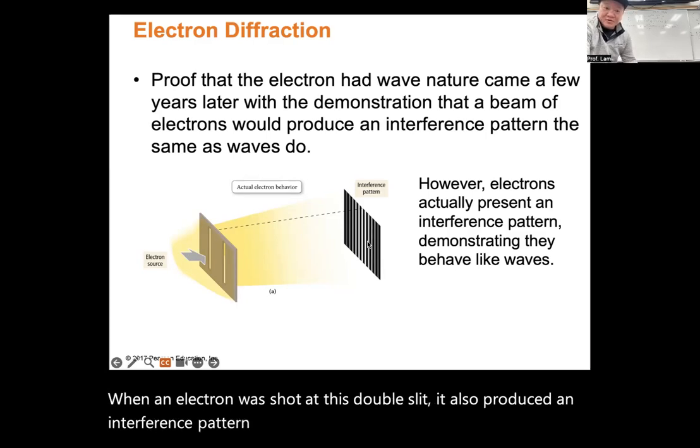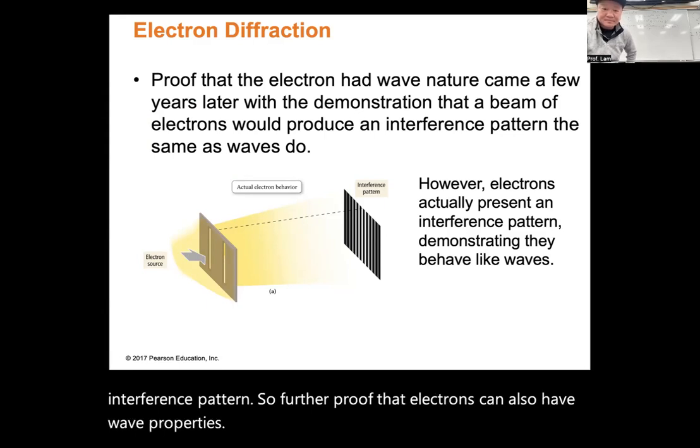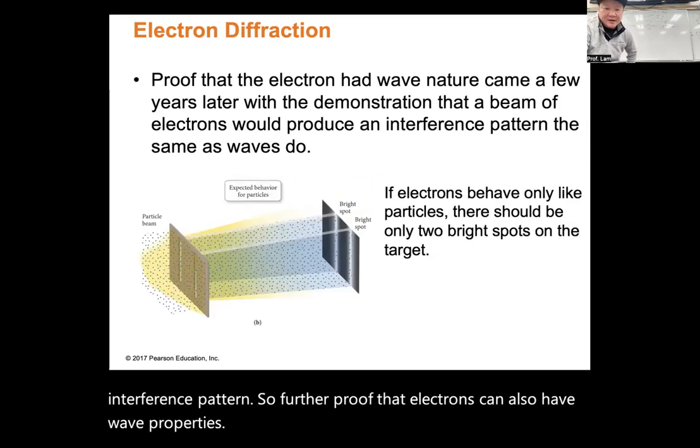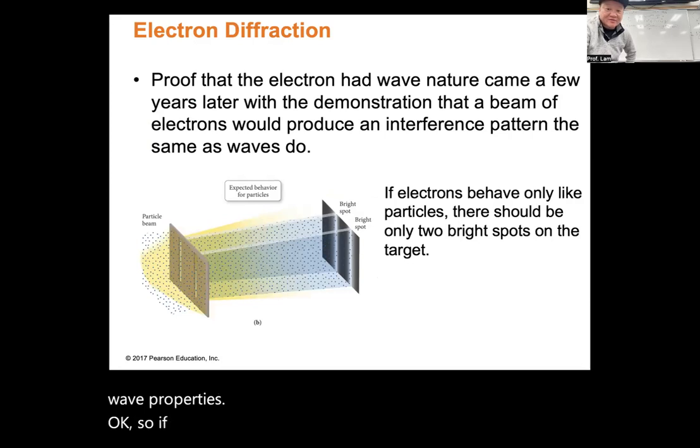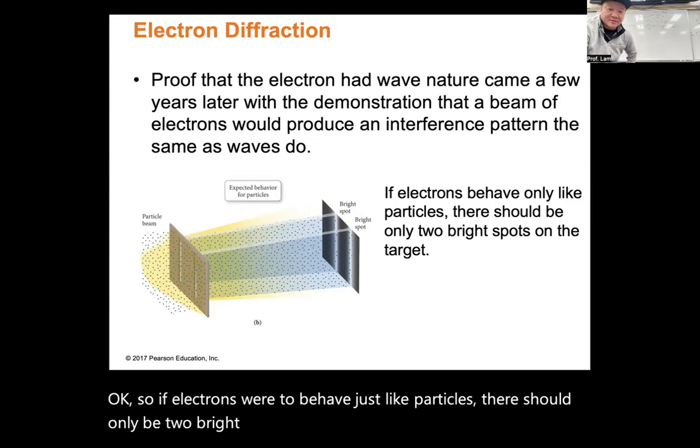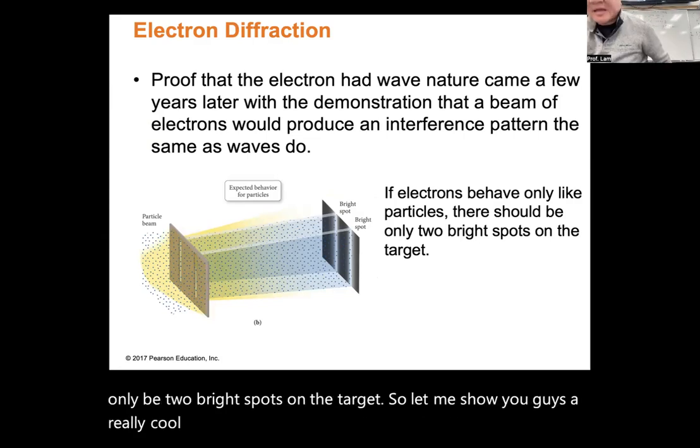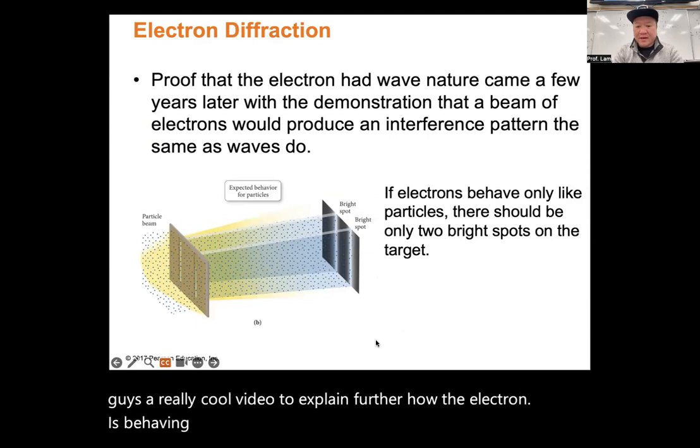So this is further proof that electrons can also have wave properties. If electrons behaved just like particles, there should only be two bright spots on the target. So let me show you a really cool video to explain further how the electron is behaving like both a particle and a wave.